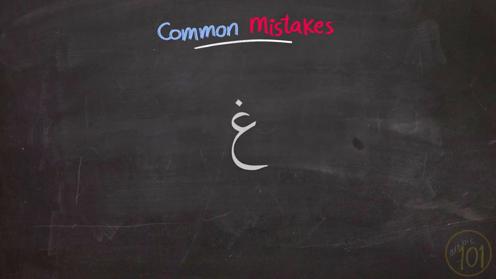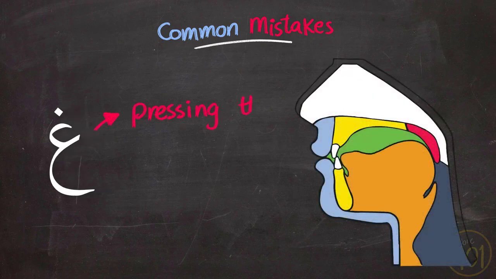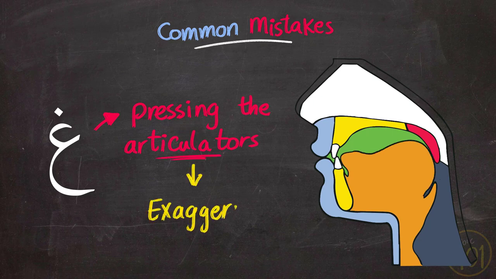We're going to start with the common mistakes of the ghain. The first common mistake is when the root of the tongue is pressed against the soft palate. This is usually caused by exaggerating the pronunciation of ghain, and also happens to most beginners. The result is that the sound will stop and it will sound more like a qaf rather than ghain.